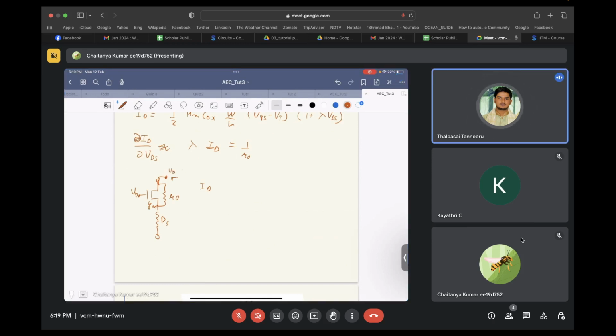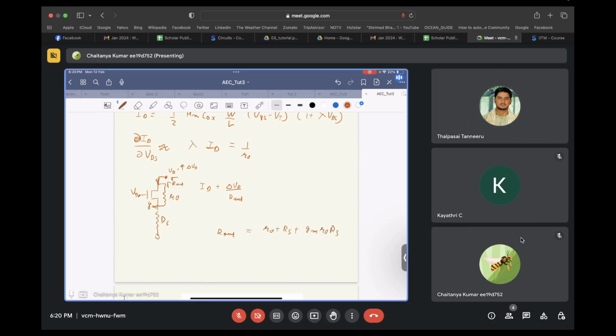Again, if you increase the VD from that nominal voltage by some delta VD, how much increase will there be in the current? Delta VD by R naught, delta VD times whatever output resistance is seen from over here. That is R naught plus RS times (1 plus GM R naught), roughly R naught RS.